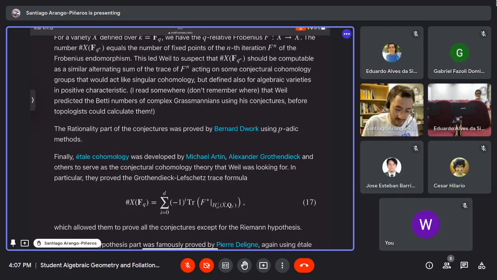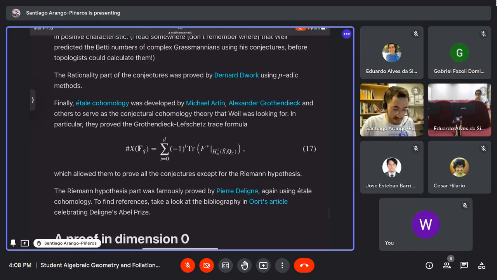This actually turned out to be true, but before, surprising everybody, Dwork proved the rationality part of the Weil conjectures using elementary p-adic methods, so no cohomology. And for the rest of the conjectures, a lot of people, but perhaps most notably Artin and Grothendieck, developed the theory of étale cohomology. And they proved the Lefschetz fixed point theorem for these types of varieties.